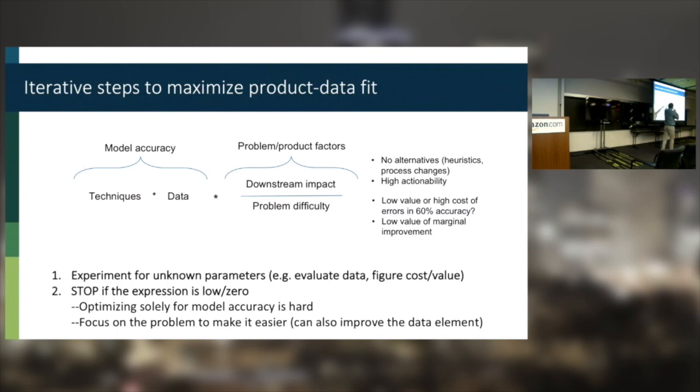Or if you have a problem where the cost of error is really high, and not everybody gets to 100% accuracy. Actually, most people, especially at the beginning, get to like 60% accuracy and then start improving from there. If the cost of error is so high at that level of performance, that means that you have a really difficult problem.